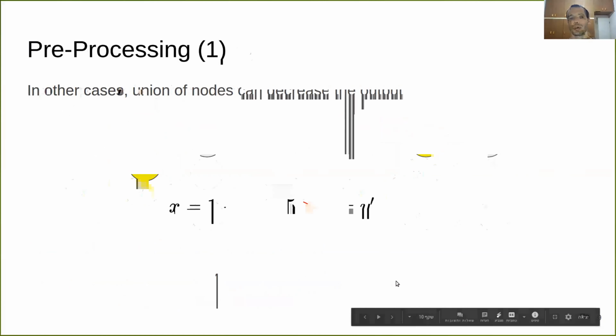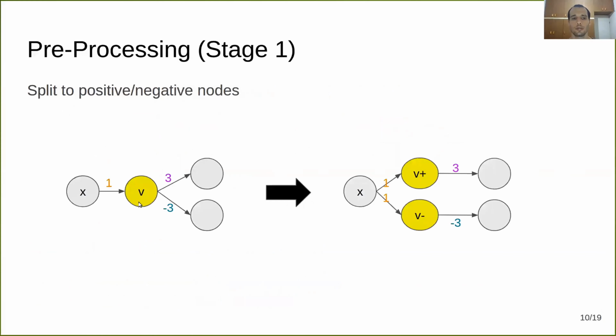The pre-processing includes two stages. In the first stage, we split to positive and negative nodes. So, for example, we have some node V that includes both positive output edges and negative output edges.